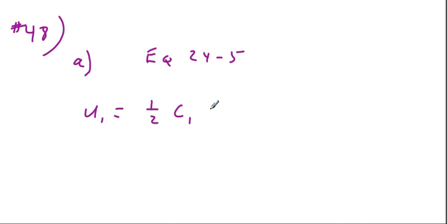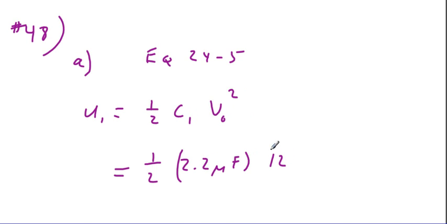Okay, so part A, we want energy. We're going to use equation 24.5, and we want to find the energy stored, and I'm going to go with 1/2 C1 V naught squared, so 1/2 times 2.2 microfarads times 12 volts squared.